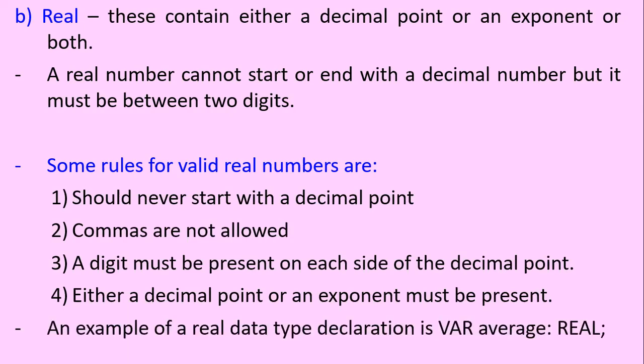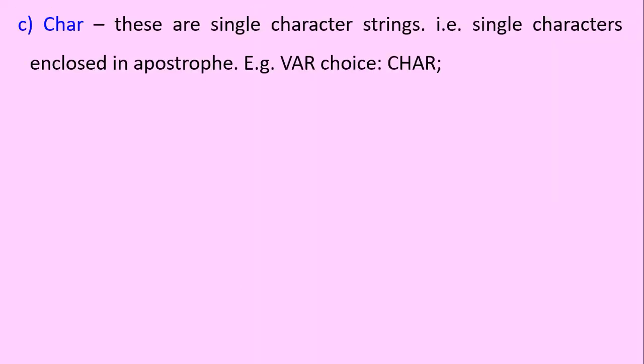An example of a real data type declaration is var average colon real semicolon. This simply means that we are setting a memory location aside called average, whose content will contain a decimal value or a decimal point. The third data type is char.